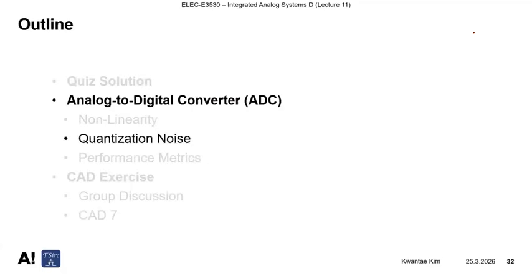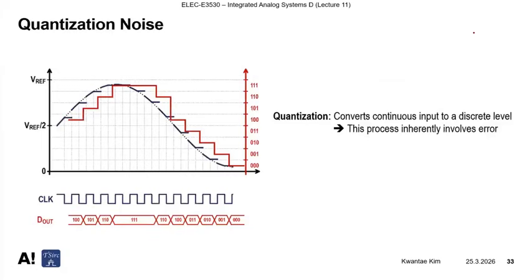Okay, so let's continue our ADC discussion, quantization noise. We have drawn this kind of graph, curve, and I would like to continue on this. So we learned conceptually what quantization means.